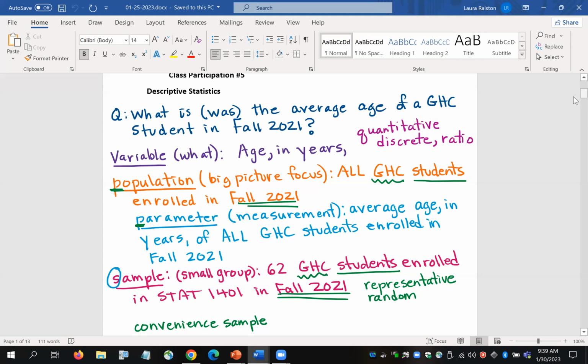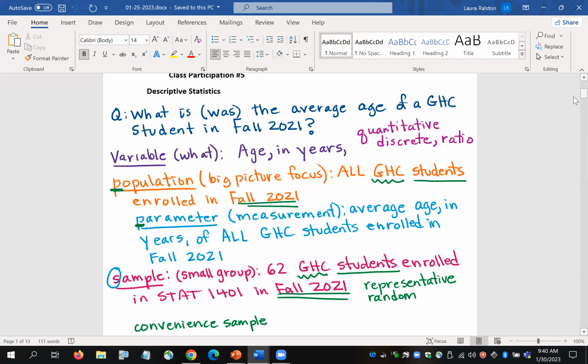For example, in this question, what was the average age of a GHC student in fall 2021, the variable is simply the age of a GHC student in fall 2021 in years.